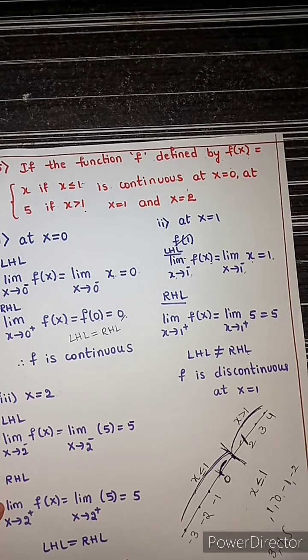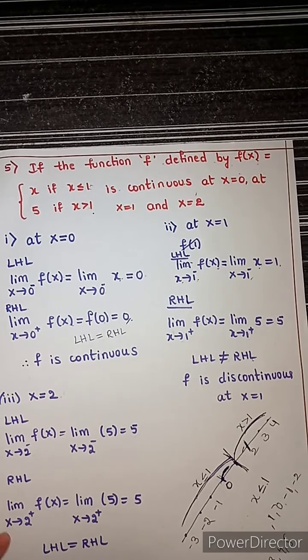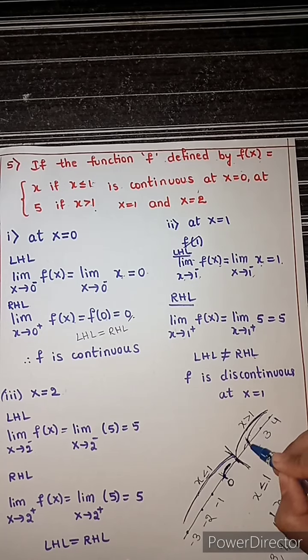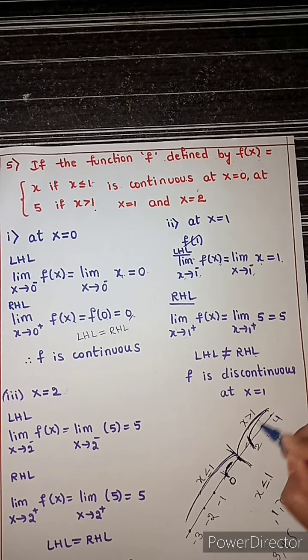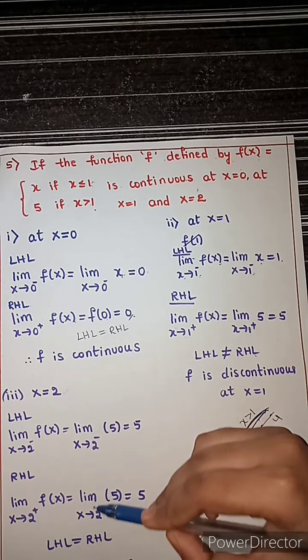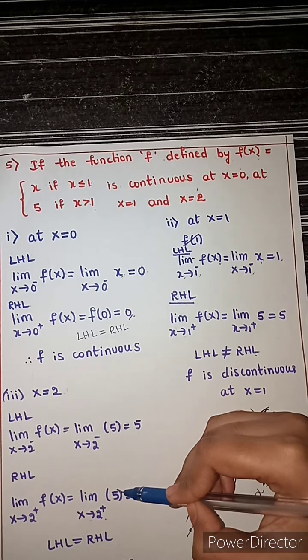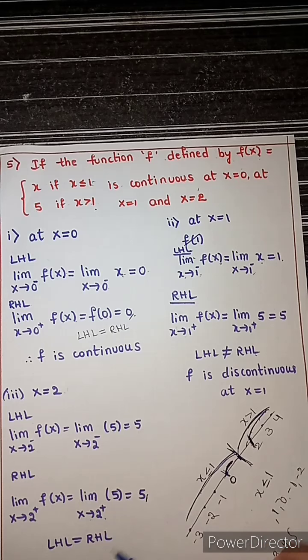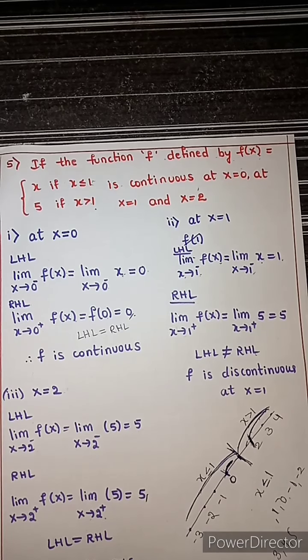Right. So the left hand limit is 5. Right hand limit: x tends to 2 plus means greater than 2. This also belongs to the second function. Therefore limit x tends to 2 plus is 5. So 5. The left hand limit is equal to the right hand limit. Therefore f is continuous at x equals 2.